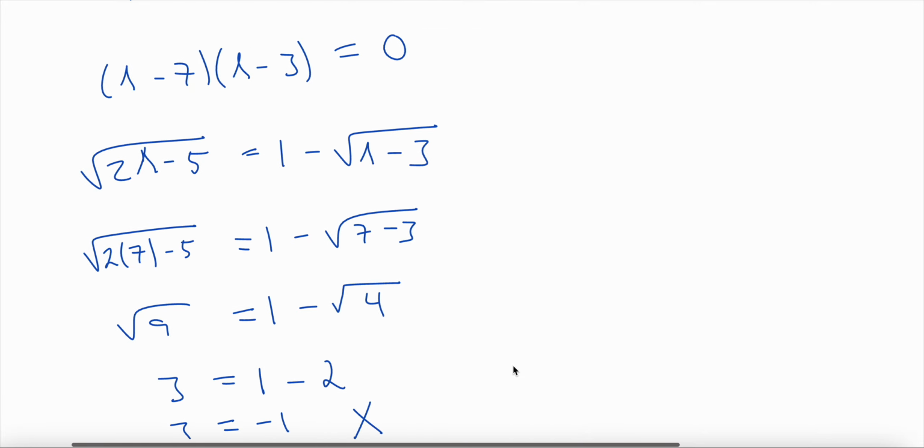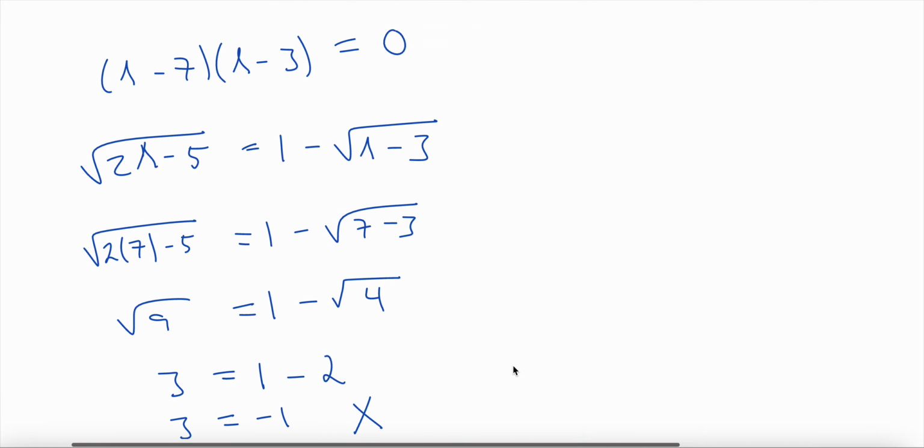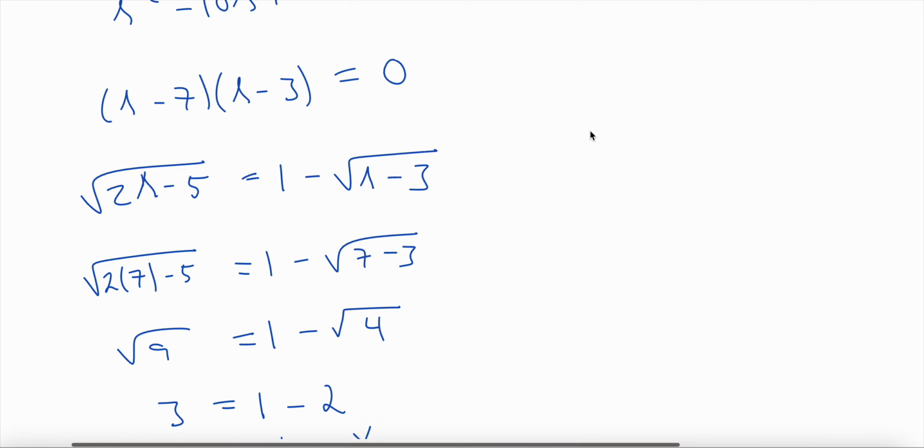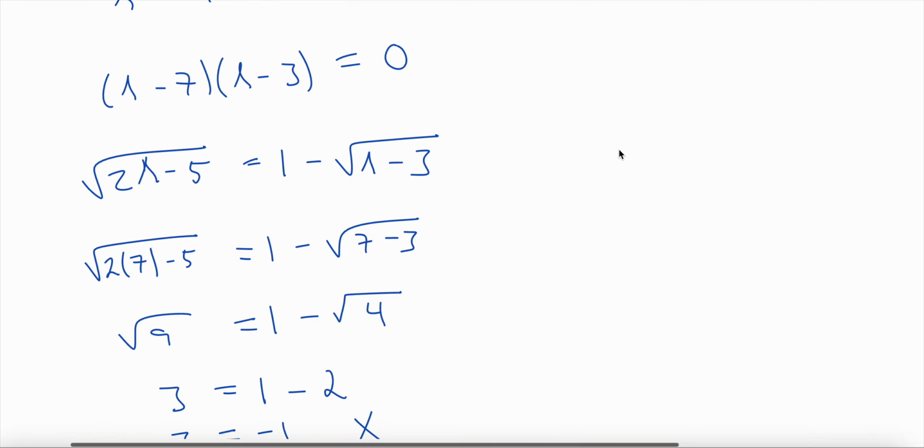Let's go ahead and try 3 now. And so if we try 3, we're going to plug that into our original equation right here. And so we'll have the square root of 2 times 3 minus 5 equals 1 minus the square root of 3 minus 3. So 2 times 3 is 6 minus 5.